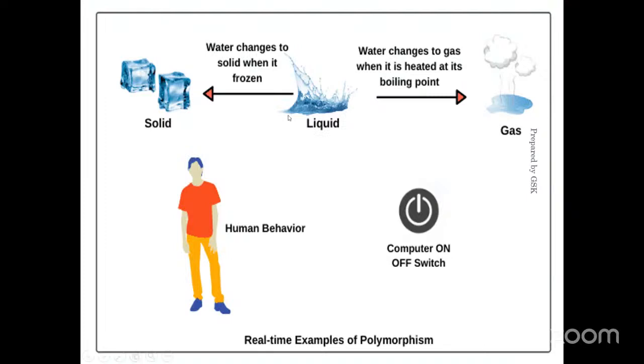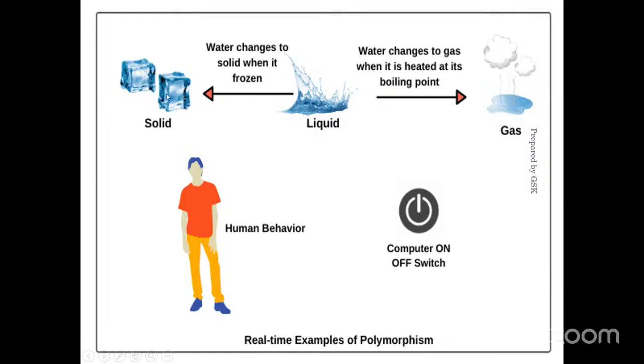For example, we have water in the liquid form, right? Water changes to solid form when it is frozen into ice, right? And water changes to gas when it is heated at its boiling point. So the thing is the same, that is water, but we are applying different inputs.